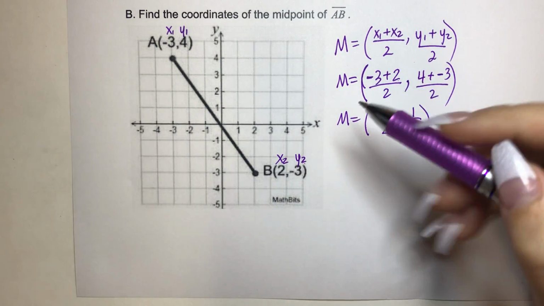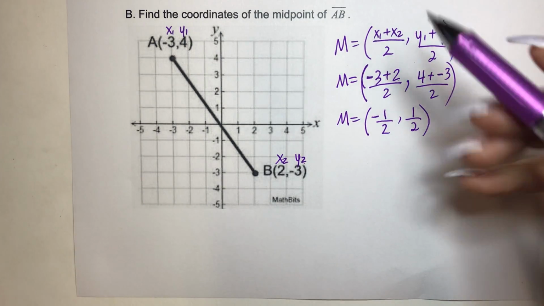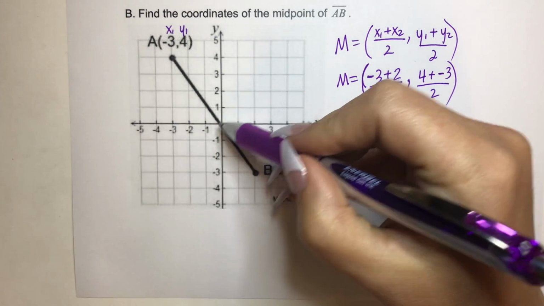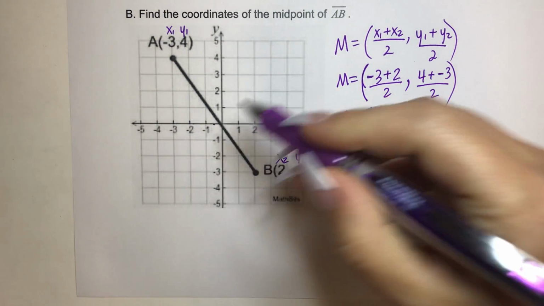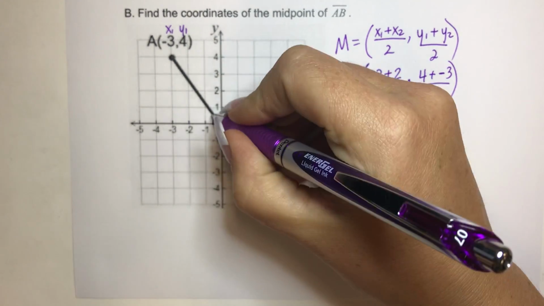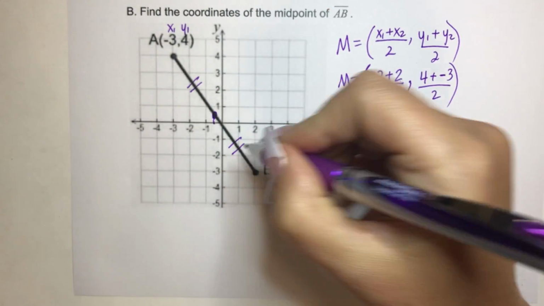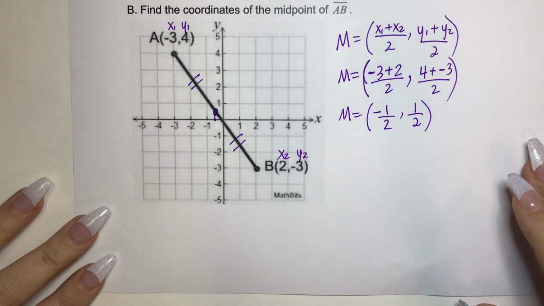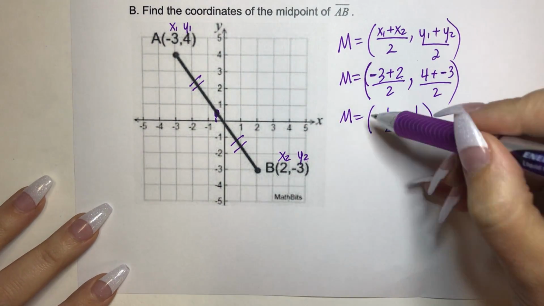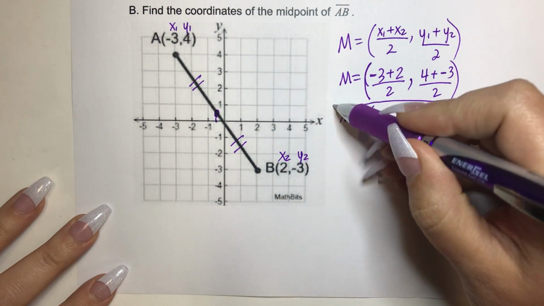So that is our midpoint: -1/2, which would be right about here, and then up 1/2, which would be here. Here is our midpoint, which means this side is the same distance as that side. All right, this is our answer. Those are the coordinates of our midpoint.